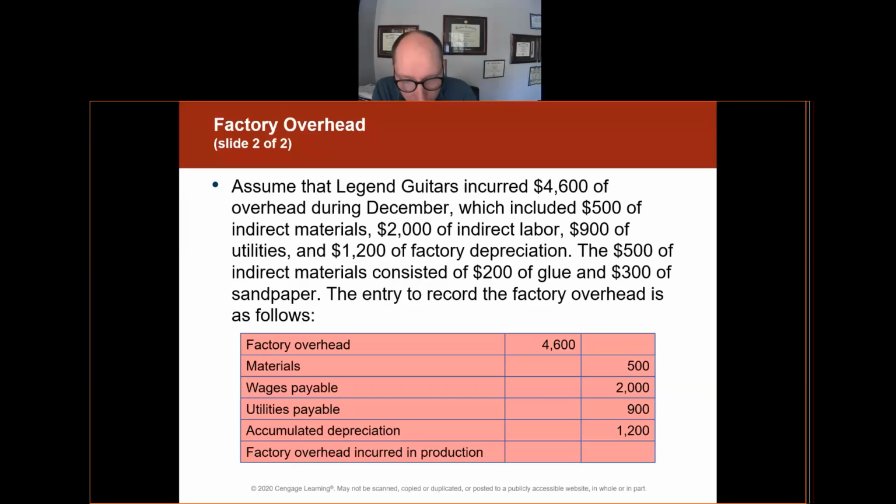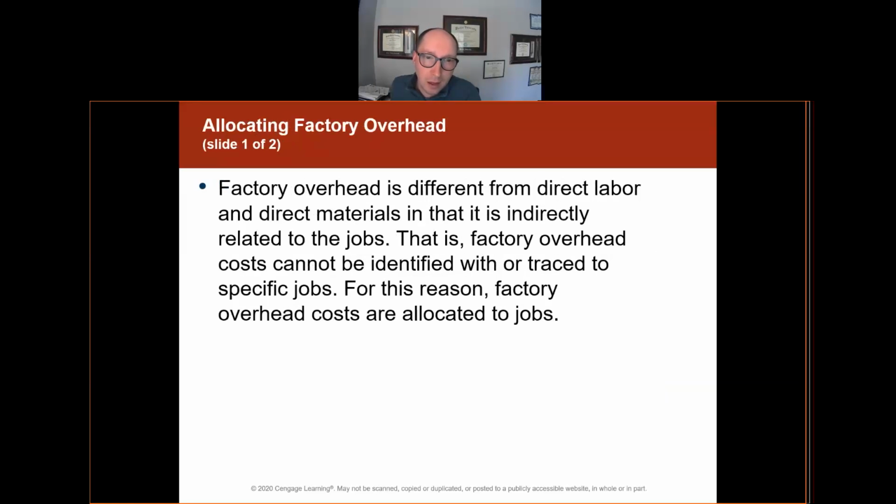We credit materials, wages, utilities, depreciation. These are all the indirect ones, right? So we debit factory overhead and we credit all of these other accounts to increase our factory overhead, to allocate our factory overhead. And yes, we would make that journal entry at the end of each respective month.